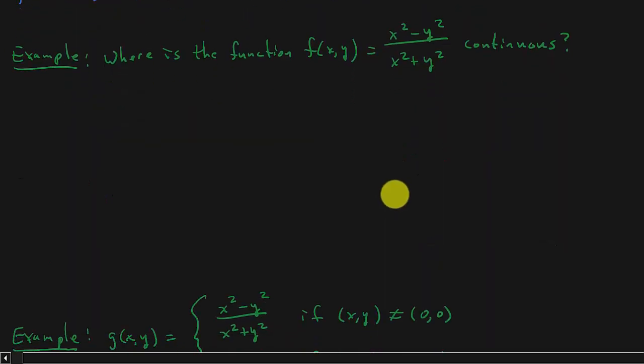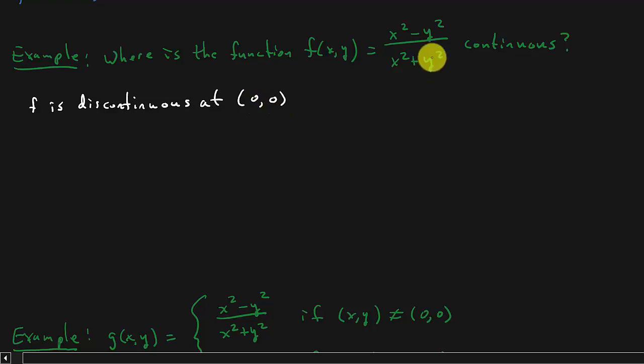All right, so let's look at this next example here. Where is the function f(x, y) equal to (x squared minus y squared) over (x squared plus y squared) continuous? Okay, so we know right off that f is discontinuous at (0, 0), right?